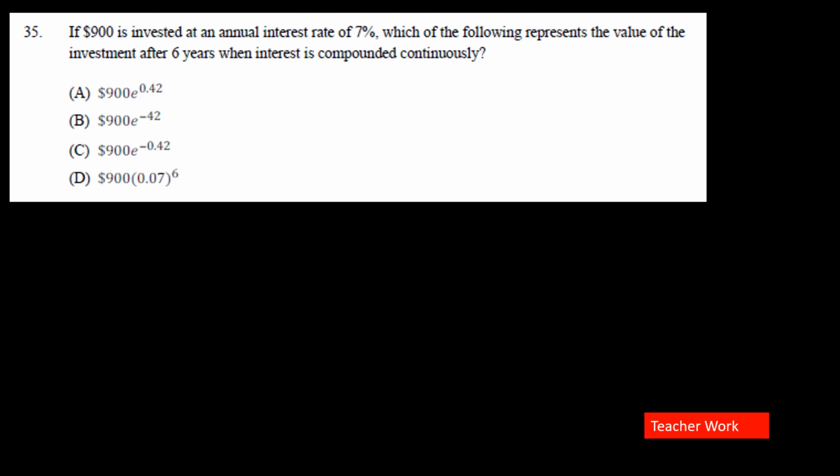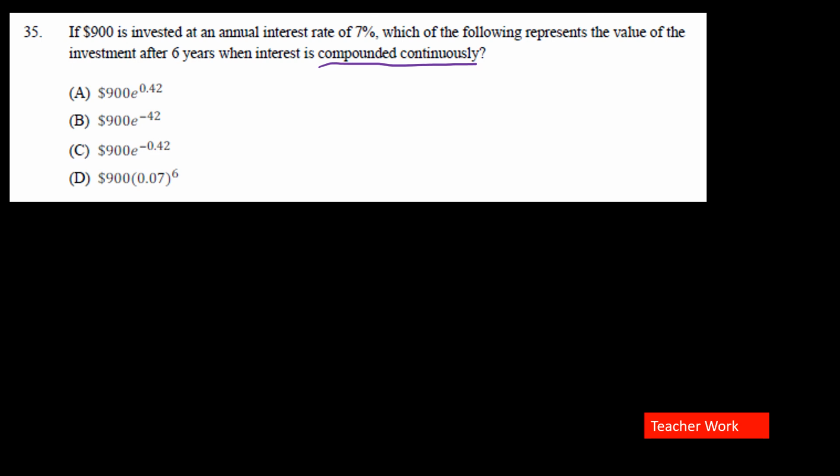And this one here says, if $900 is invested at an annual interest rate of 7%, which of the following represents the value of the investment after 6 years when interest is compounding continuously?